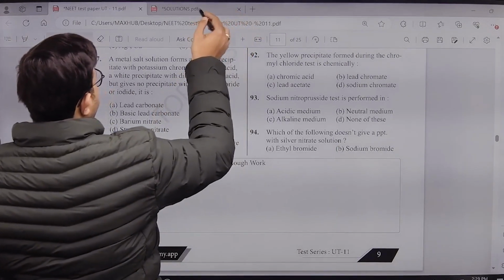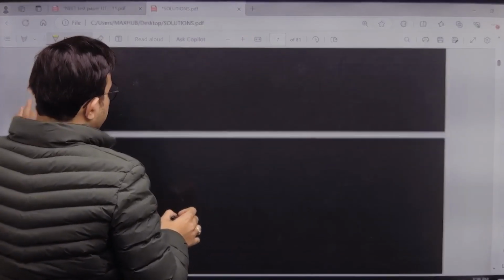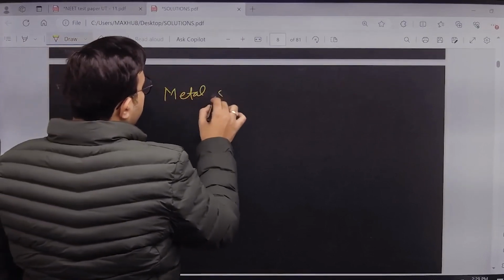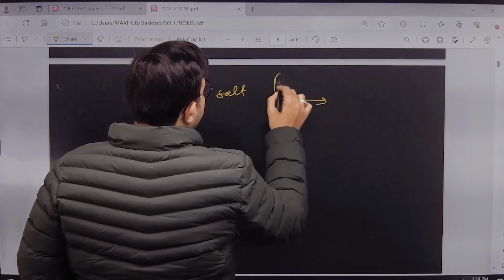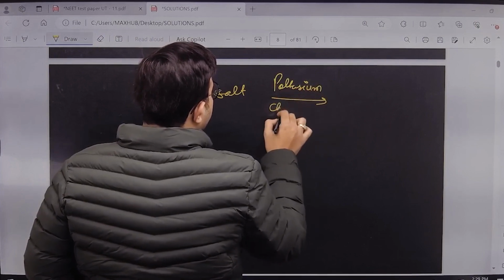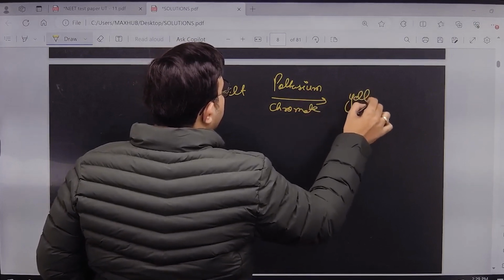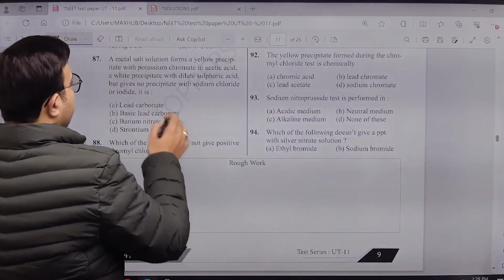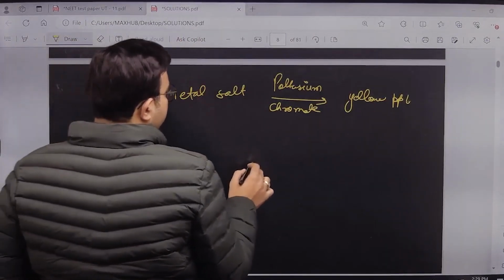Okay, so they are saying that if you have any metal salt and you react it with potassium chromate, you get a yellow precipitate. On further reaction with dilute sulfuric acid, you are getting white precipitate.